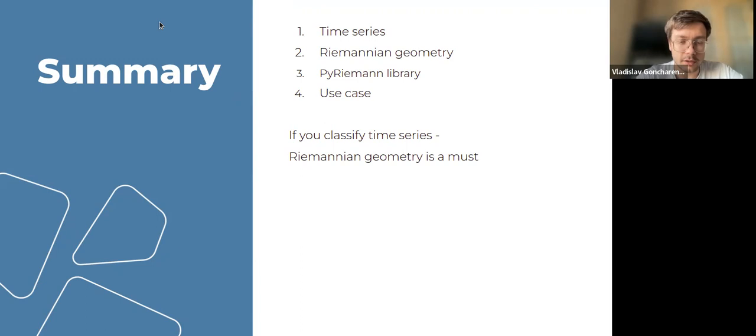More than that, you could apply different types of this Riemannian geometry, like XDawn and ERP covariances and so on. In fact, different regularization could give you better results in particular problems. So that's all from my side.